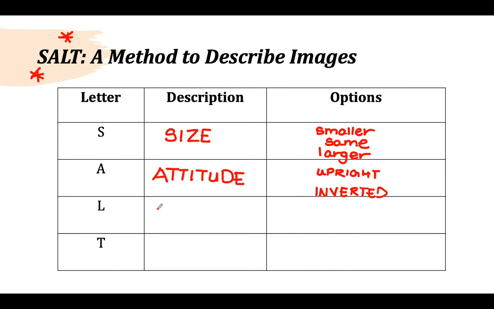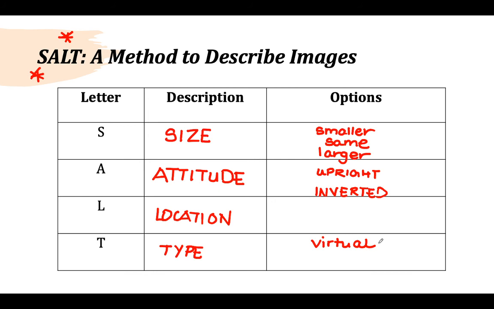L stands for location. And I'm not actually going to fill in the options for location because it's usually a distance. So it would be a measurement sometimes. We'll look at more scenarios as we do more of these drawings. And lastly, T stands for type. And type, we talked about earlier, a virtual image, right?